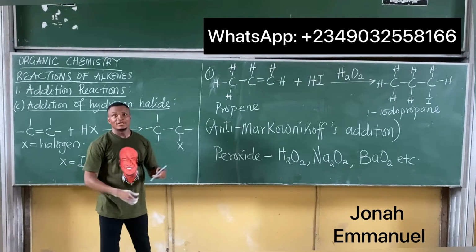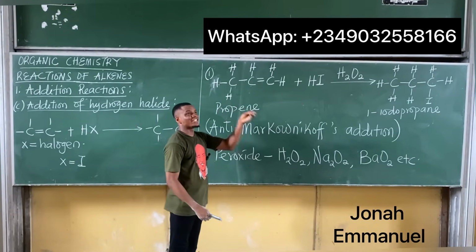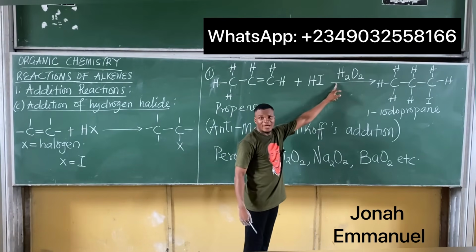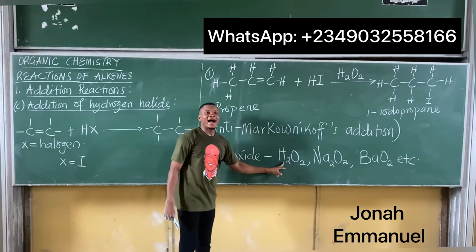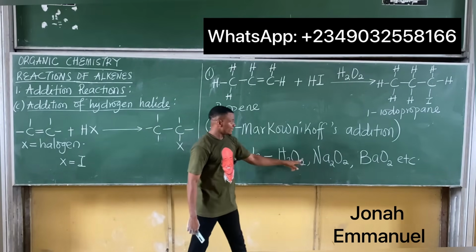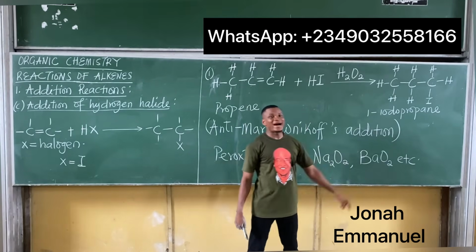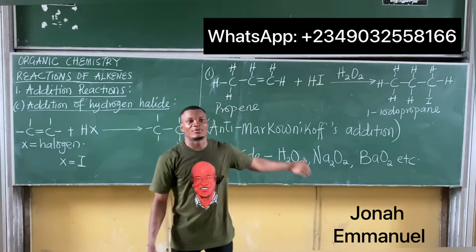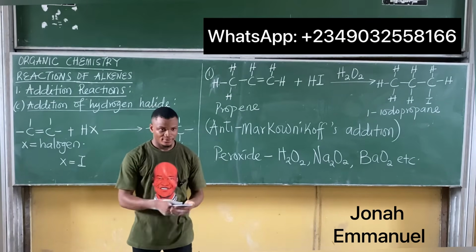The difference between Markovnikov and anti-Markovnikov is the presence of what there? A peroxide. The popular peroxides include hydrogen peroxide, sodium peroxide, and barium peroxide. So these are some of the peroxides you can use. That's it.